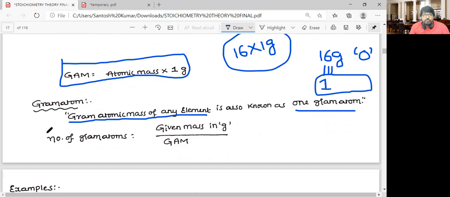And how to find the number of gram atoms? For example, some mass is given. From that mass, how to find the number of gram atoms? So let me explain the simple formula to find the number of gram atoms. See, for example, here I am taking calcium. But you are given 800 grams of calcium.